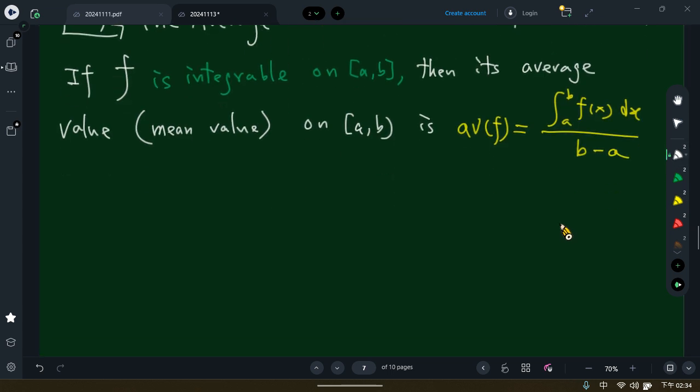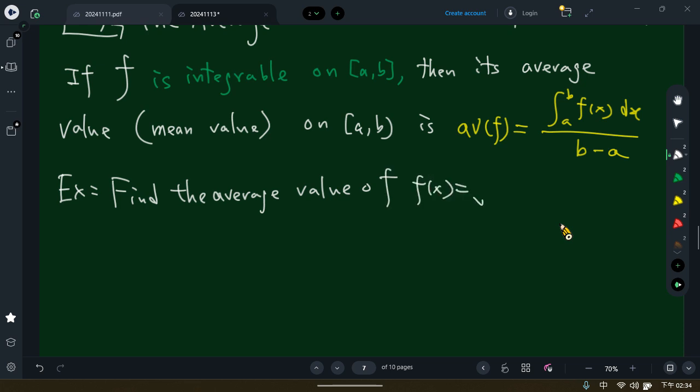So, example: please find the average value of f(s) equal to the square root of 4 minus s squared on negative 2 to positive 2.